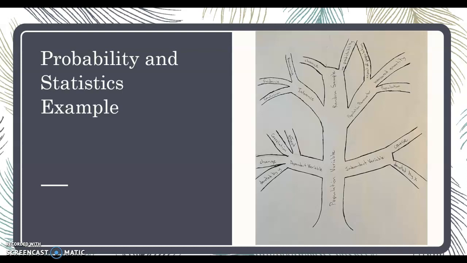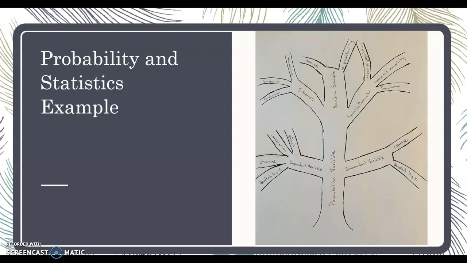So here's my example. I took population variable, dependent variable, independent variable, random sample, inference, and population parameters. My tier 2 and tier 3 words are a part of my trunk, and then the branches are definitions that may help students know what that bigger core word on that branch means.